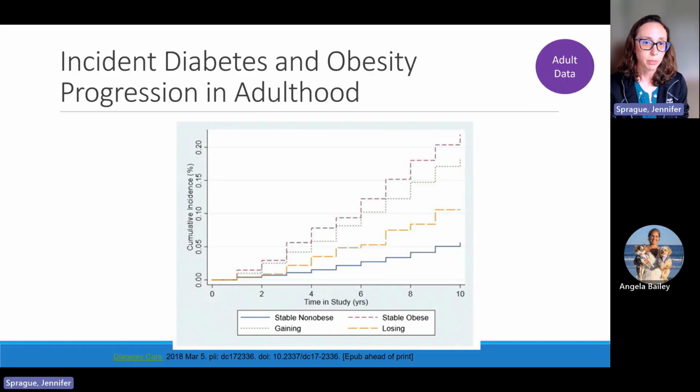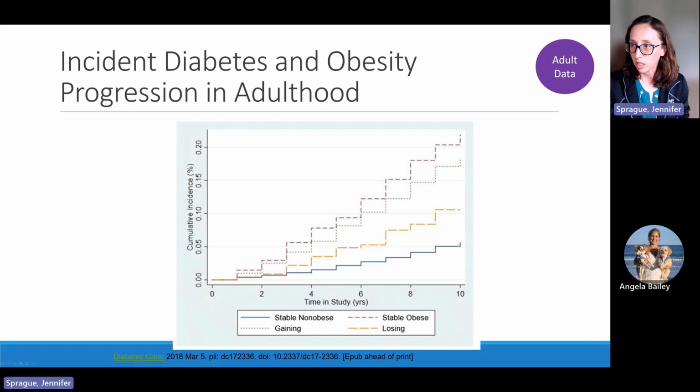Okay, so what about patients who don't have prediabetes, they don't have diabetes, but they have obesity? What is their long-term risk of future diabetes? We're going to go back again to NHANES data. This is a retrospective analysis of diabetes incidence based on weight at age 15 and weight trend over the next 10 years, so at age 25. You can see the blue line is patients who were never obese.